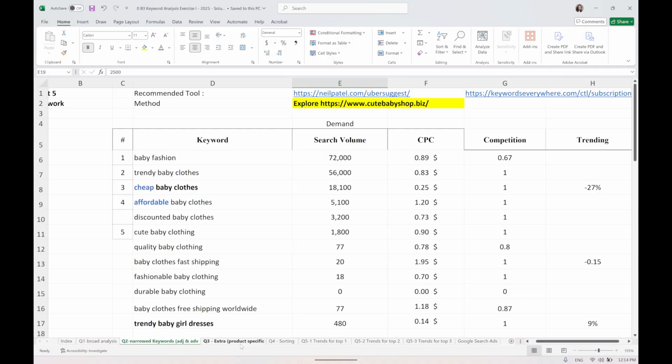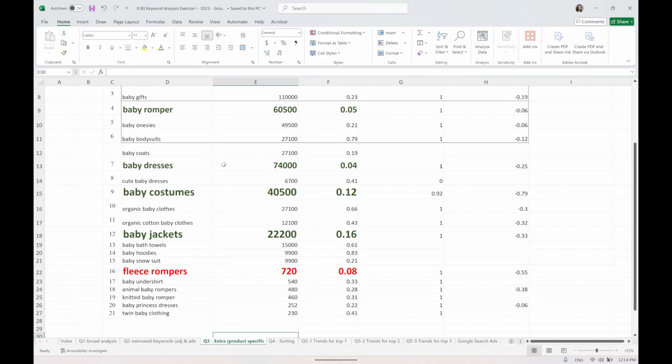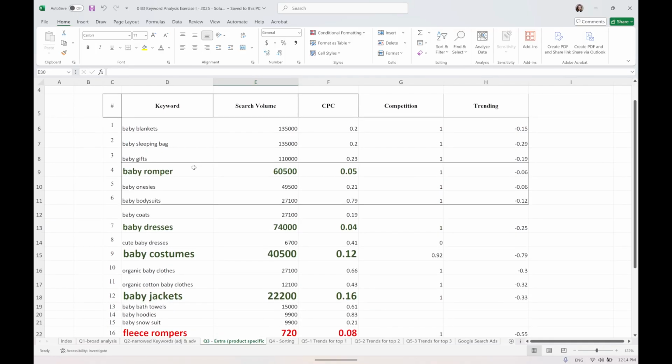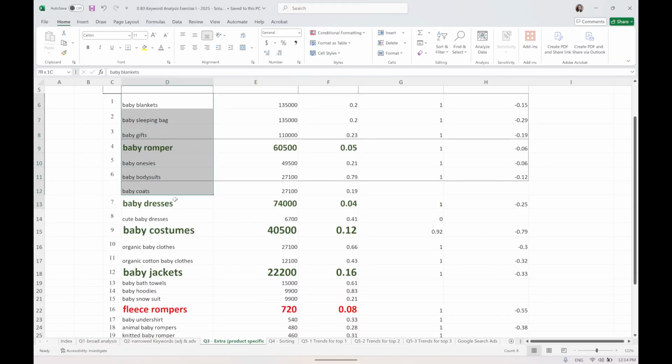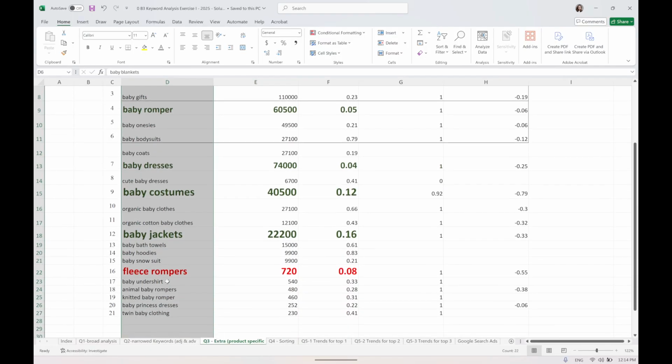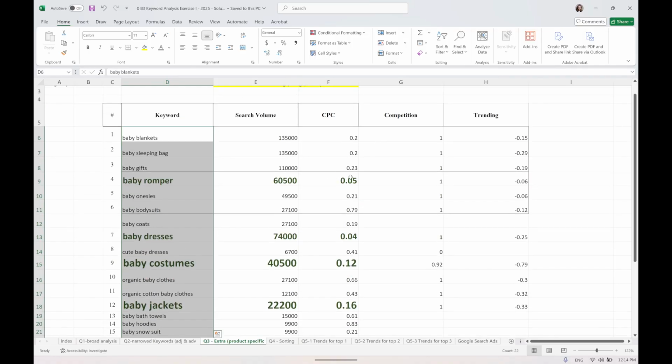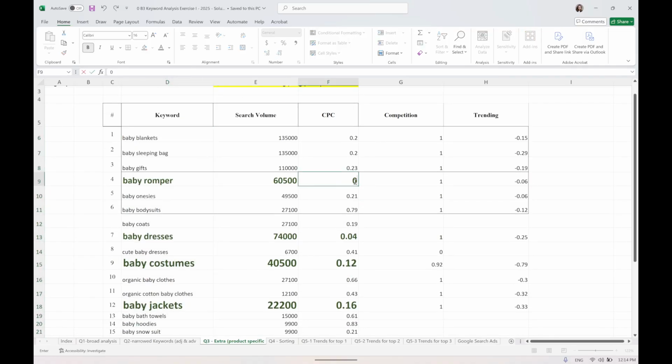All right, extra product specific. So this is for product related keywords. Over here you can put any product ideas that you would like to bid on. This is in fact 0.4 something, this is not 0. Whatever. So I'm thinking that instead of highlighting this, we should in fact be highlighting baby onesies.